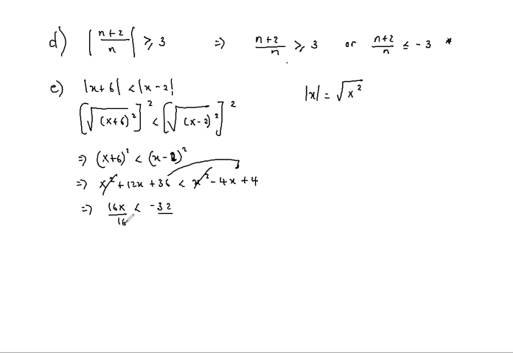So you divide by 16, divide by 16, so you have x less than negative 32 over 16, implying that x is less than negative 2. That would be a solution for that part.